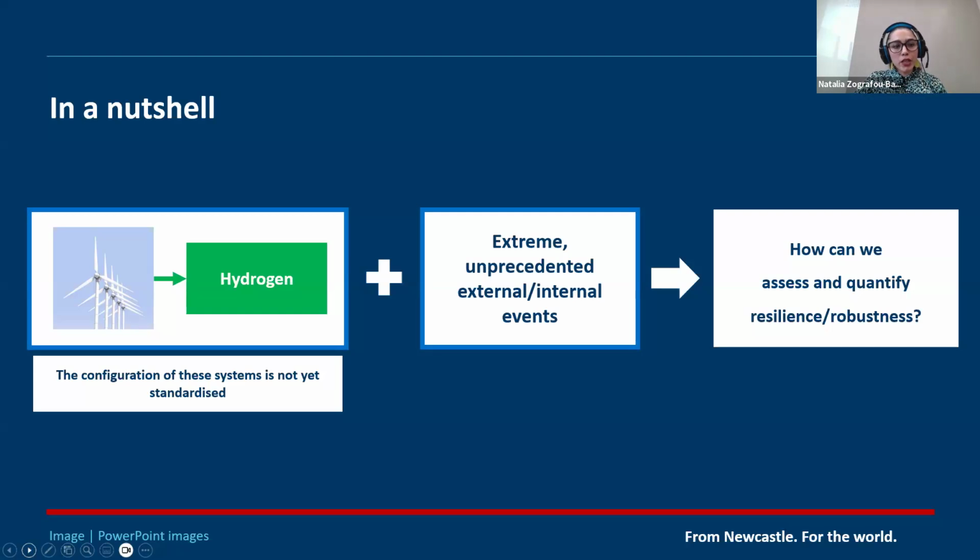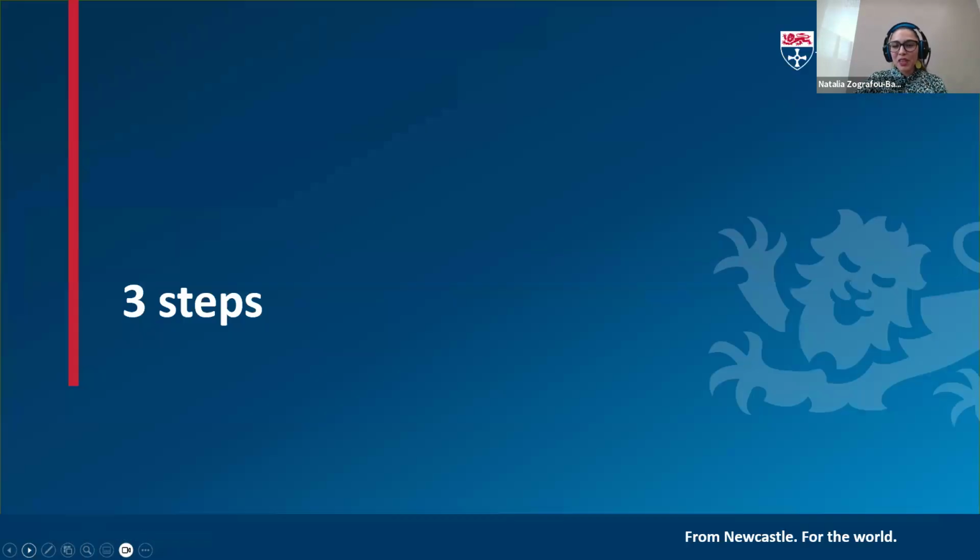So the question was, when you design the systems, if an extreme event occurs, how can you know at design stage which configuration is more resilient or robust? So this is where our work that I will present now here came. Next slide, please. For this purpose, we took 3 steps that I will mention now.